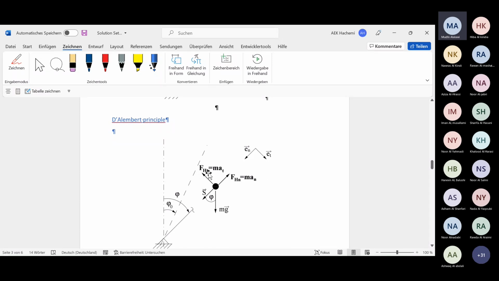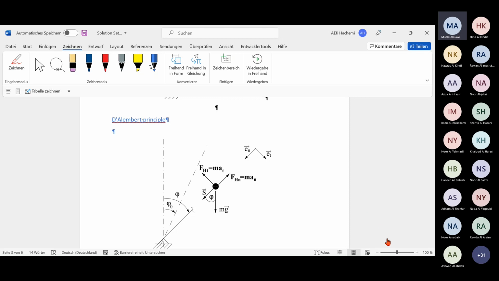The D'Alembert or inertia force along the tangential direction is only the mass multiplied by the tangential acceleration. The same principle holds for the normal direction, where the inertia force is the mass multiplied by the normal acceleration.